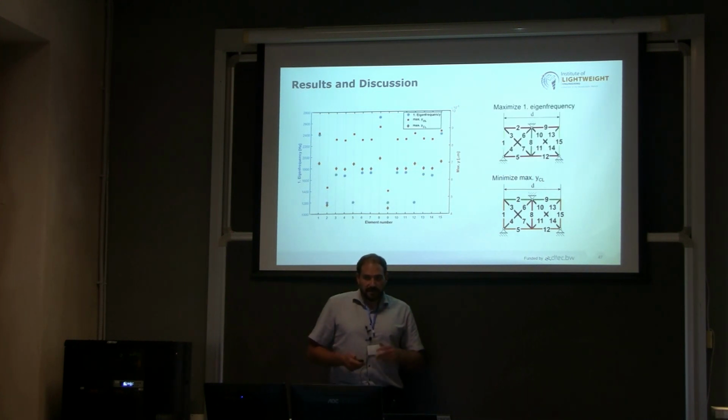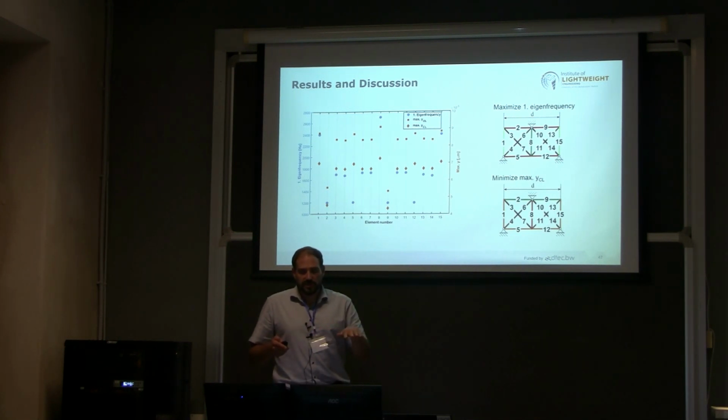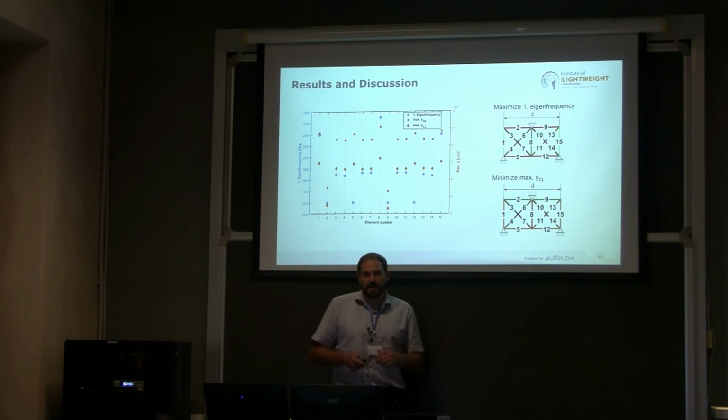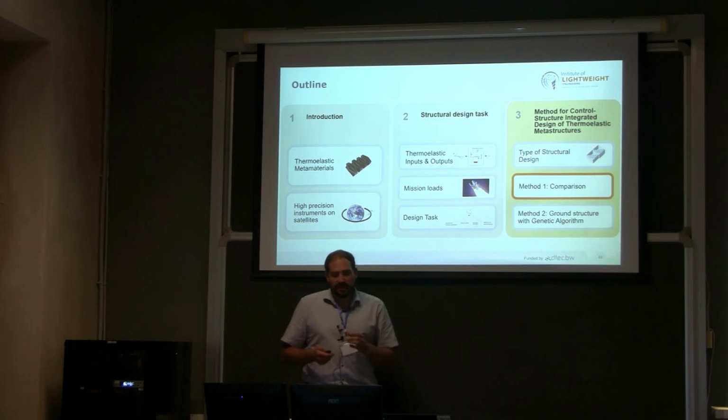So what you would have now to do is to find a Pareto optimal solution, or if the mission requirement is to have this minimum eigenfrequency, you say I allow every solution that fulfills this eigenfrequency requirement. But the thing is, doing this approach, you cannot optimize this macroscopic topology.